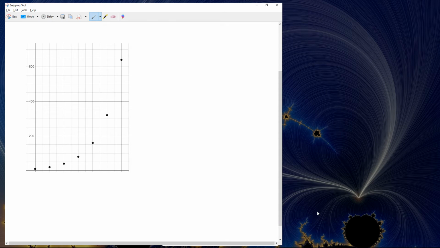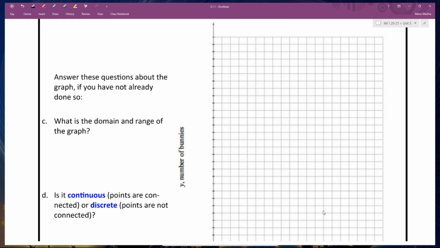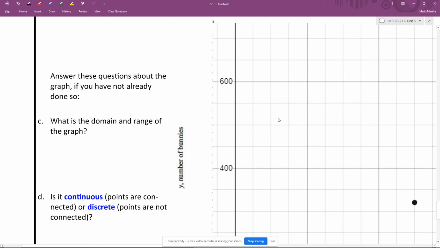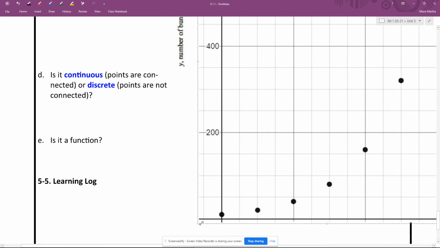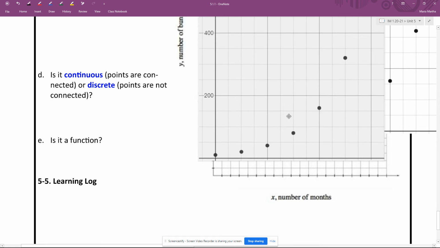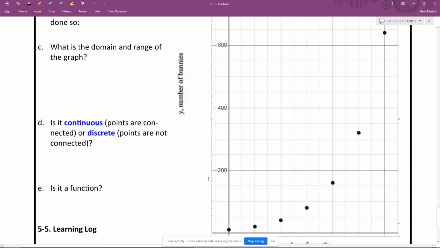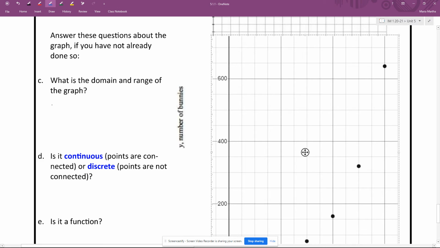Looking at the graph, we can say the domain starts at 0, so x is greater than or equal to 0, because we started at month 0.